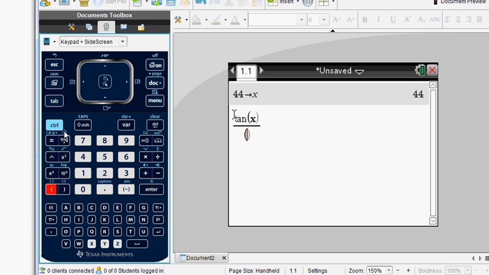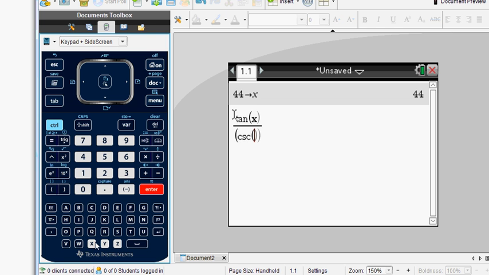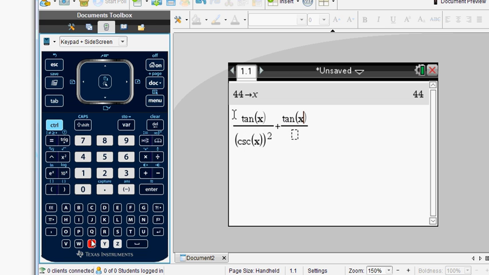and we're going to put in cosecant, CSC x, and then we're going to put squared on the outside. Plus we get a division again, tangent x over secant squared, so open parentheses.